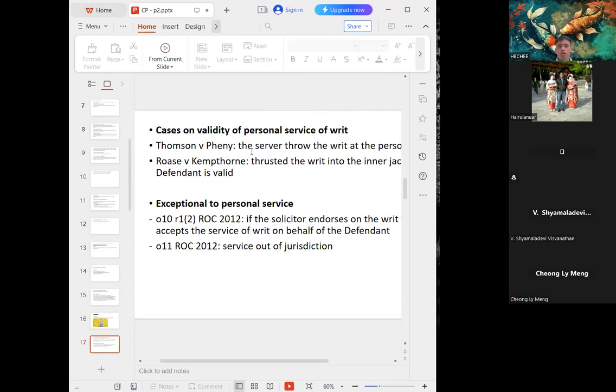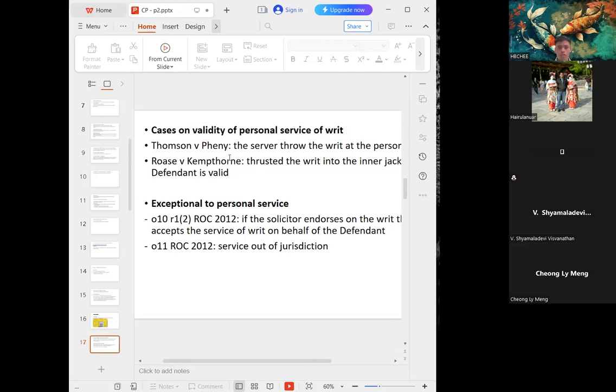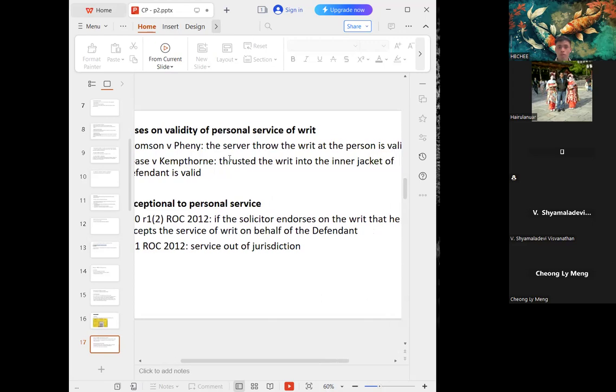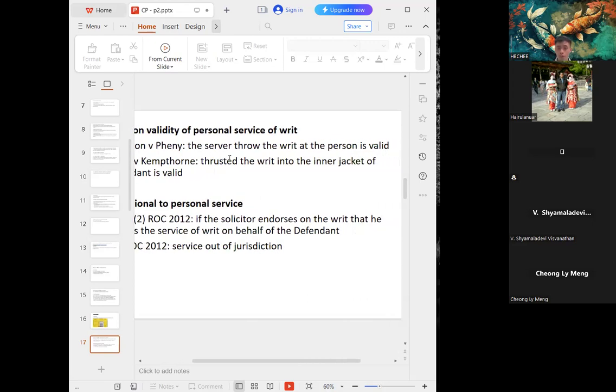In Malaysia we don't have a case on this, but on the validity of personal service of writ, you can see from these cases, Thompson and Penny: the process server throwing the writ at the person is valid. This case is quite funny.